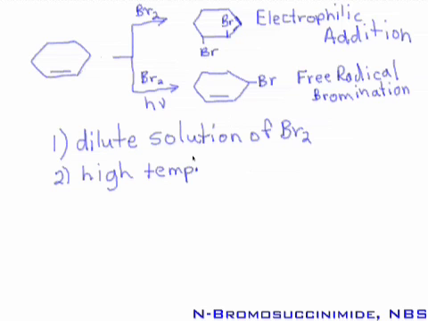If dilute solution or low concentration of halogen is so important, it would be really ideal if we could find some way of having only a trace amount of Br2 present, and that it would react, and then more Br2 would form. And there is a way of doing this. How can we do this?